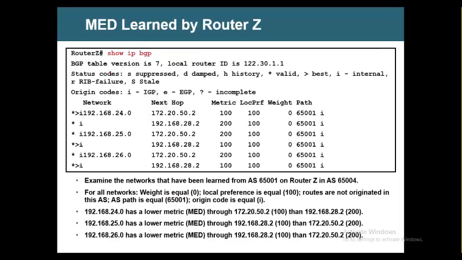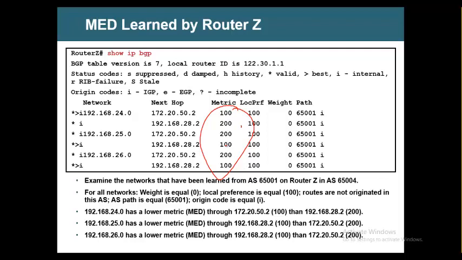This is the output on the Z router. You see, I told you the Z router can show you the metrics. Even though it is given between eBGP, it will reflect one hop inside, inside iBGP. The Z router can show you.